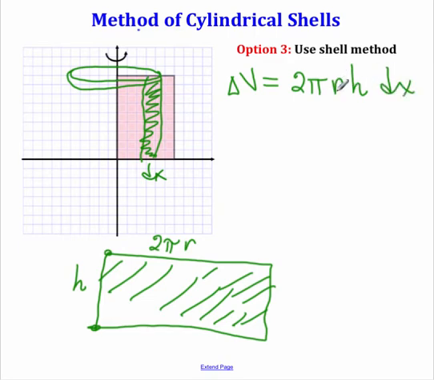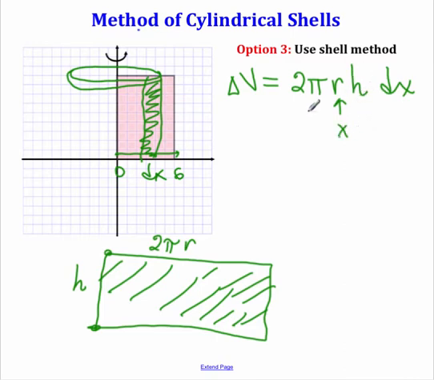Okay, so everything needs to be in terms of x. The radius of the shell is basically just going to be the x coordinate. So I'm going to go from 0 to 6. My radius of the first shell is going to be 0, and my most outer radius is going to be 6. So that's going to be my last shell. So the radius is simply x.